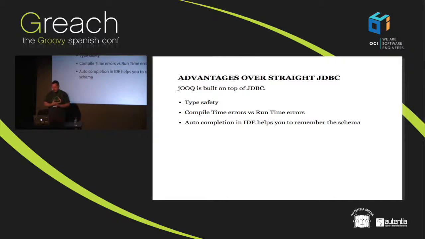So, advantages over straight JDBC. Type safety, which I've probably said like 15 times during this presentation so far, is one of my absolute favorite things. And that gives you compile time errors for your SQL over runtime errors, which I always personally would prefer, especially because I tend to go too fast and make a lot of mistakes when I'm writing SQL, and so I get a much earlier warning.